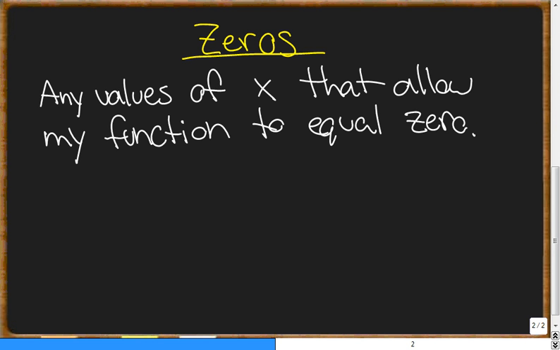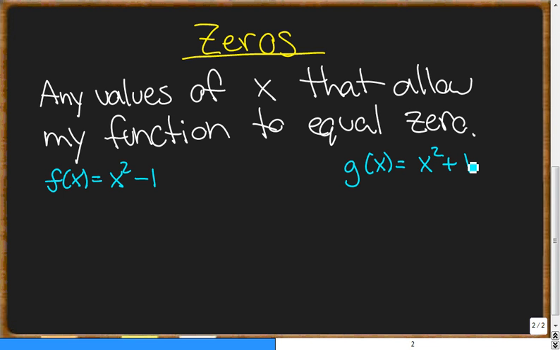So look at these two equations. Let's say we have f of x equals x squared minus 1, and we'll call the other one g of x equals x squared plus 1.